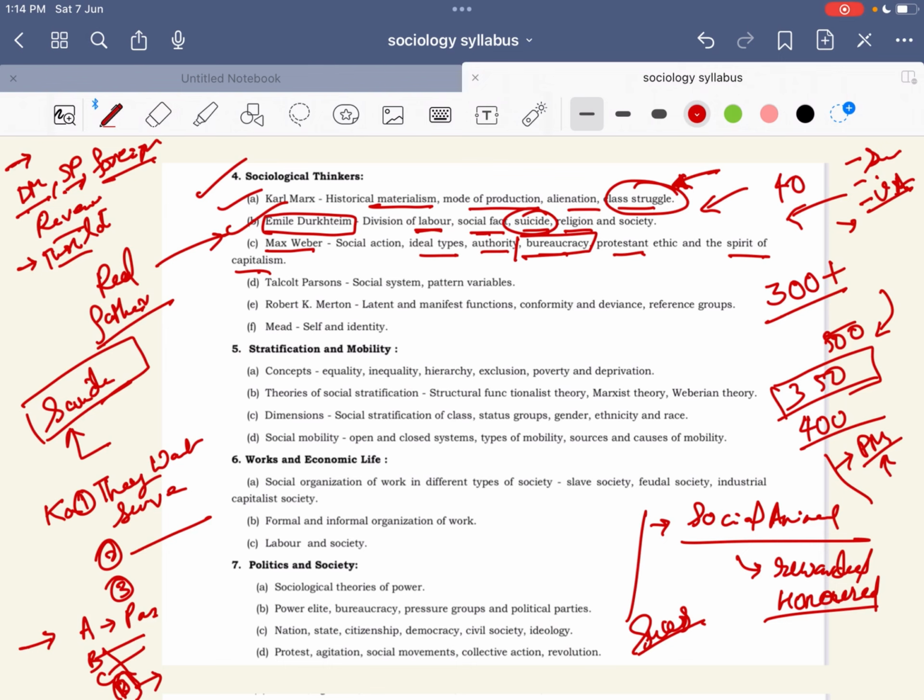Many times questions have been asked from this topic, so that is also included in the UPSC.